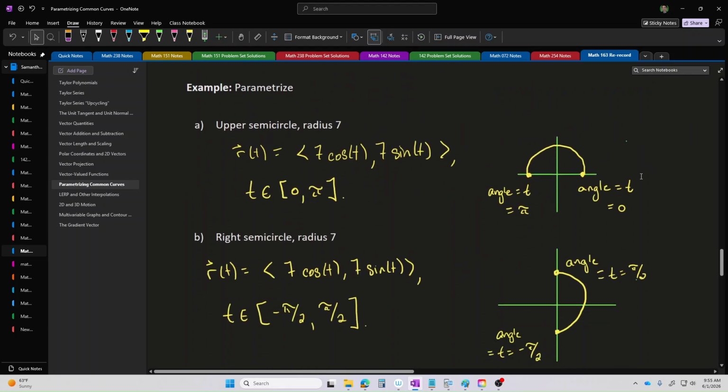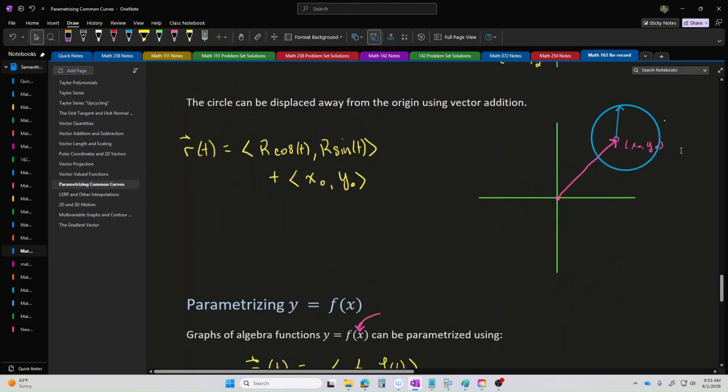If you need to parameterize a portion of a circle, you can do that by imposing a domain restriction and restricting the values of t that you plug into your parameterization. If you need to displace or move your curve to another center instead of the origin, you can do that just by adding a vector to your parameterization to displace the circle out to that position.